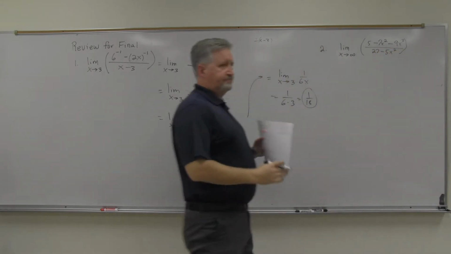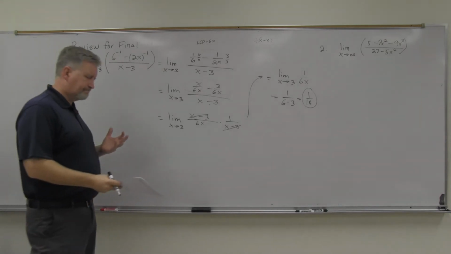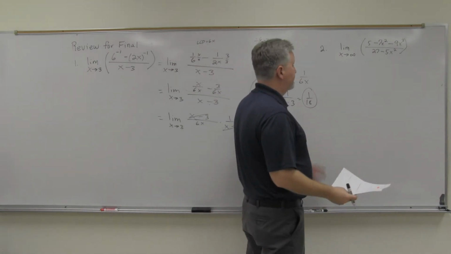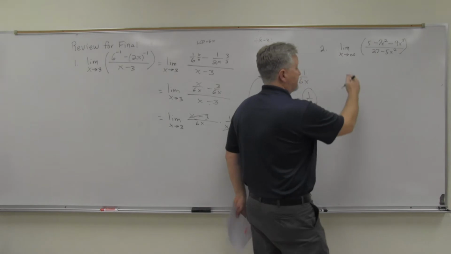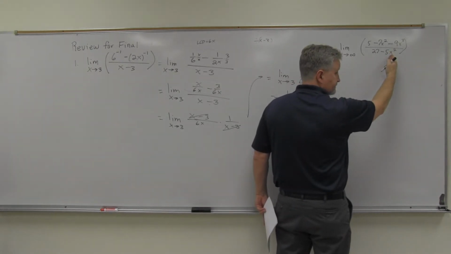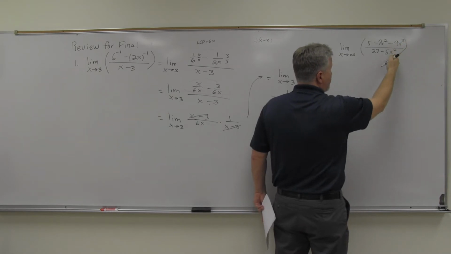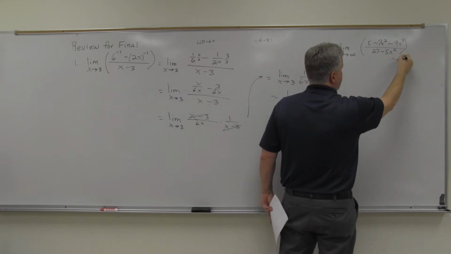For limits as x goes to infinity, remember the technique we did to show our proof of this limit: divide the top and the bottom by the largest power in the denominator. In the denominator, x squared is the largest power. So I'm going to divide top and bottom by x squared.